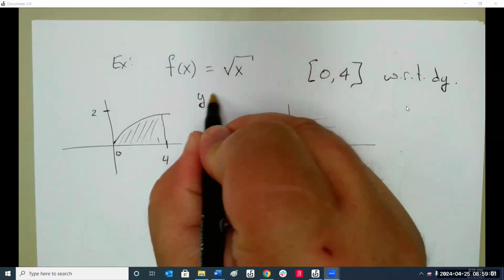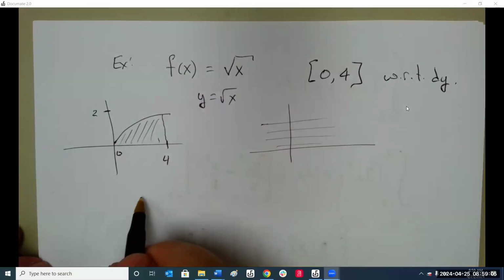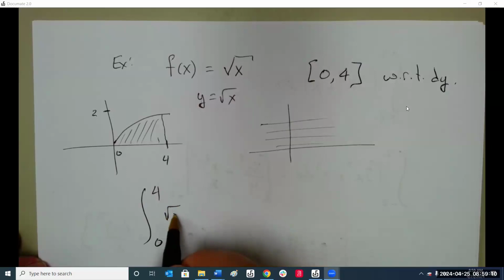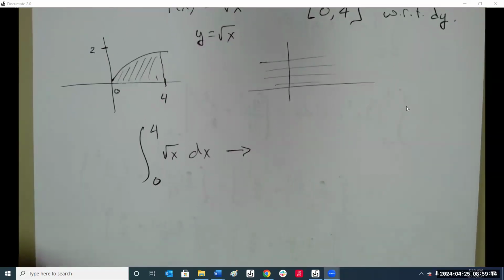So this is y equals square root of x. We have to convert this to dy.